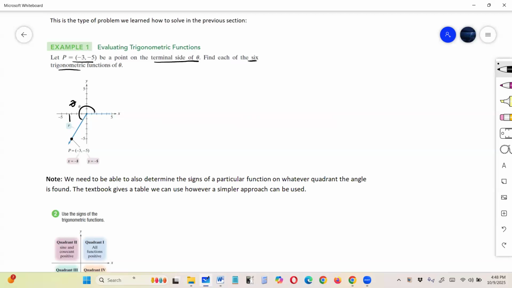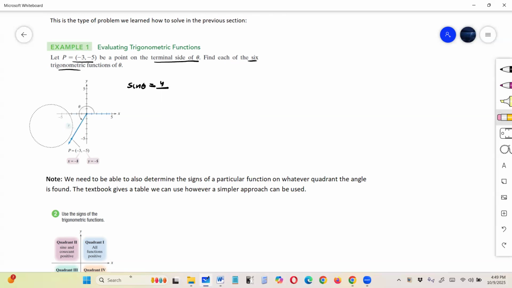Now here's our triangle. And what we need to find is the 6 trig functions. Well, it's very easy, right? So sine of theta is the y segment, here is the y segment, over the radius. The problem is I don't know what the radius is yet.